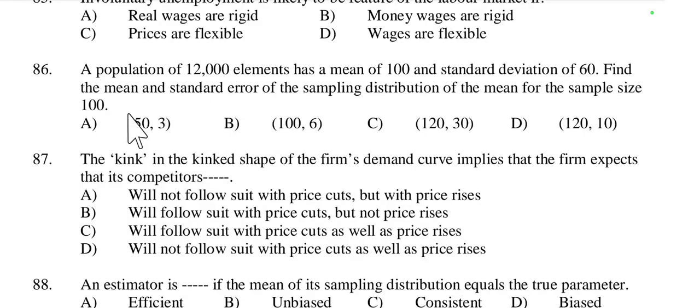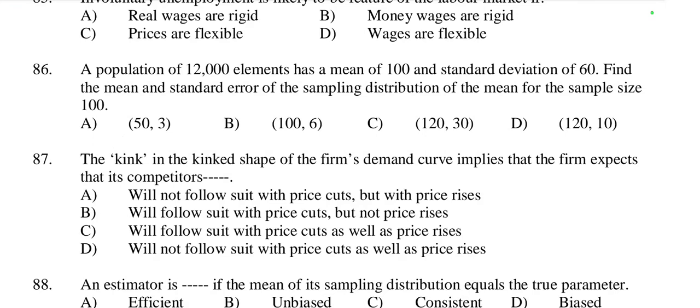Then question number 86, a population of 12,000 elements with a mean of 100 and standard deviation of 60. Find the mean and standard error of the sampling distribution of the mean for the sample size 100.